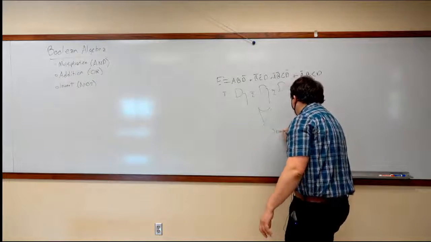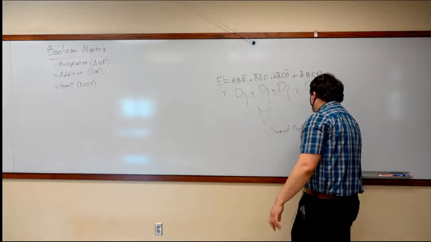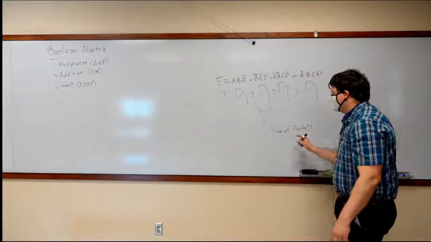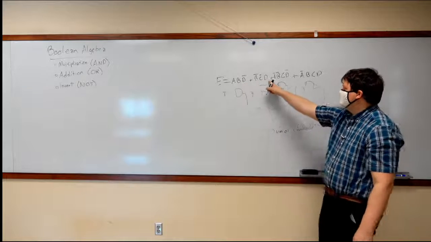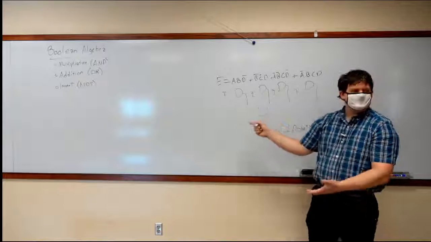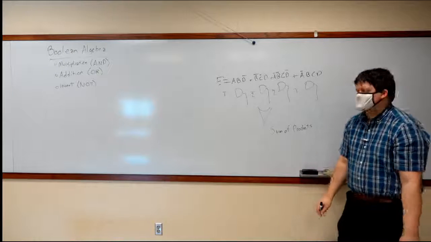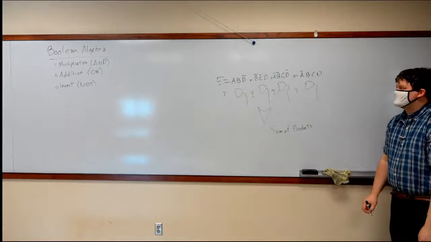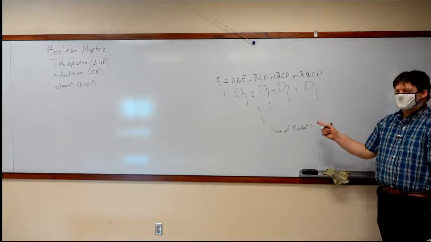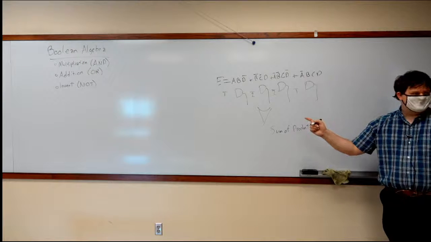This is called a sum of products. And the whole reason why it's called a sum of products is because we sum products. There's nothing revolutionary there. The idea of a sum of products is that you have a bunch of AND gates and you dump them all into an OR gate.